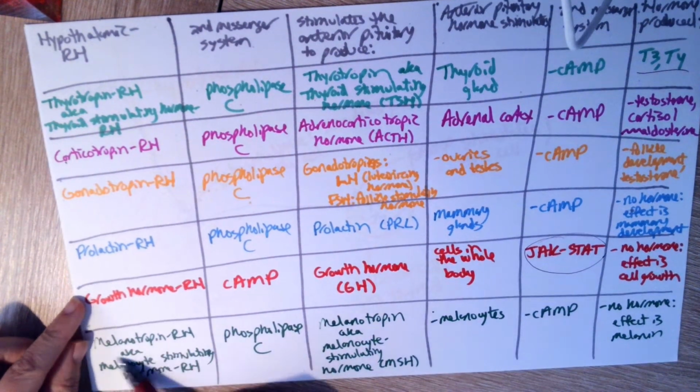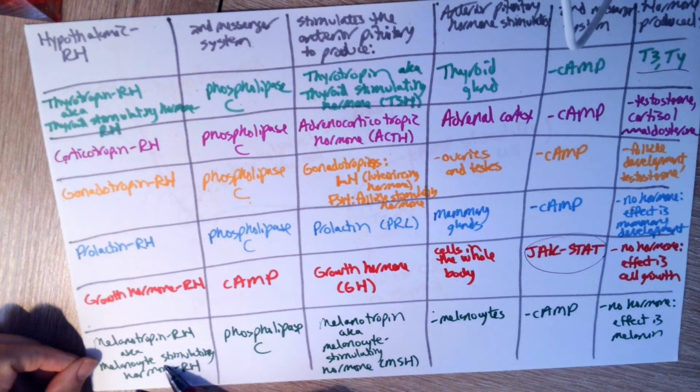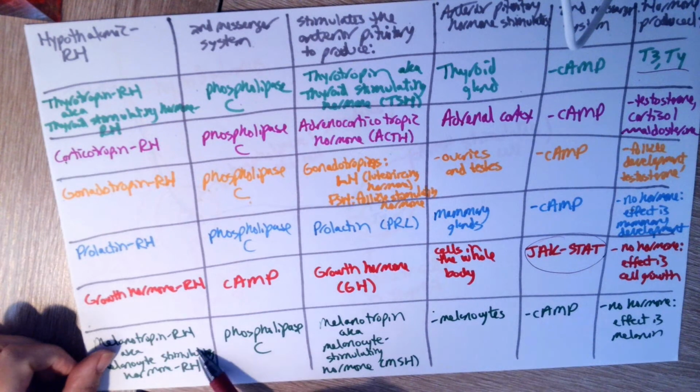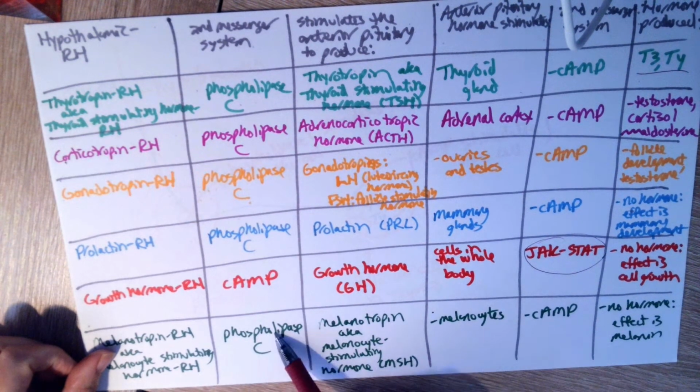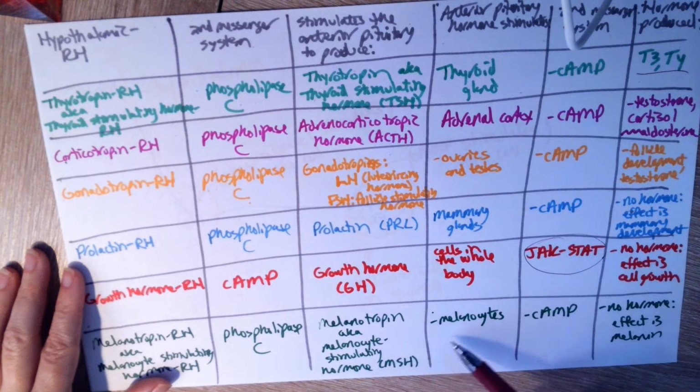And then the last releasing hormone, melanotropin releasing hormone, or you could call it melanocyte stimulating hormone. That's coming out of the hypothalamus, uses phospholipase C as a second messenger, and causes the anterior pituitary to make melanotropin, or melanocyte stimulating hormone, which goes out into the blood and goes to melanocytes. Melanocytes are skin cells that have color.